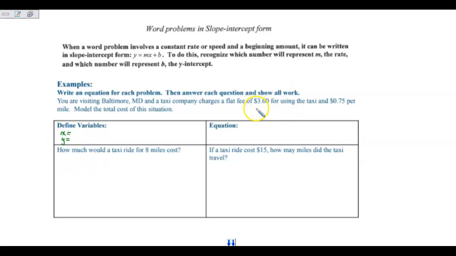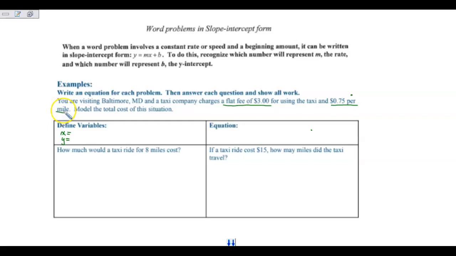Well, when I look at this, I see that it charges a flat fee of $3 for using the taxi. So just to get in the taxi and for him to turn on his clock, it's going to cost $3. So that's our initial value, okay? And then I see that I have 75 cents per mile. Well, this is telling me that I'm going to be multiplying it by something. And so I'm going to be multiplying it by the miles.